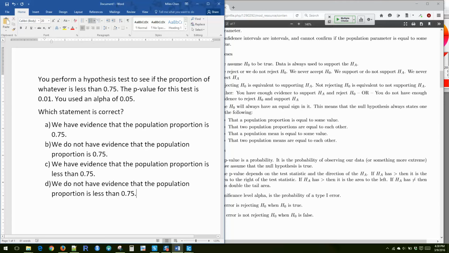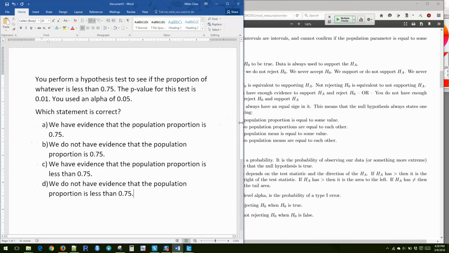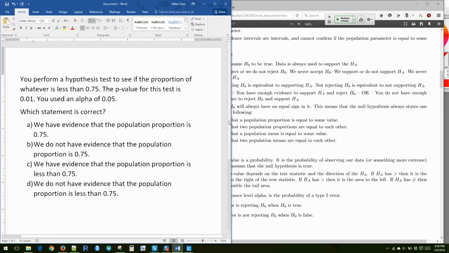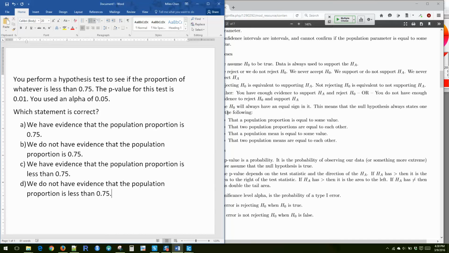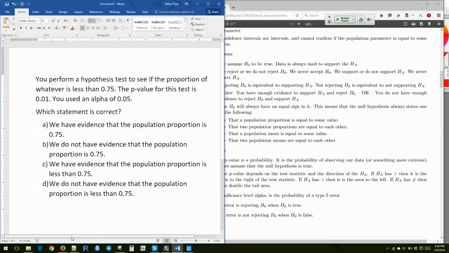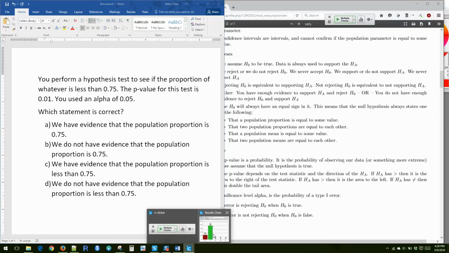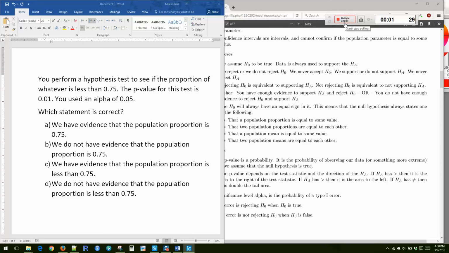Okay, so these all look kind of similar, but only one of these is correct. So which statement is the one that's correct? Keep in mind, as you're trying to figure this out, try to figure out what your null and alternative hypotheses should be, and work accordingly.